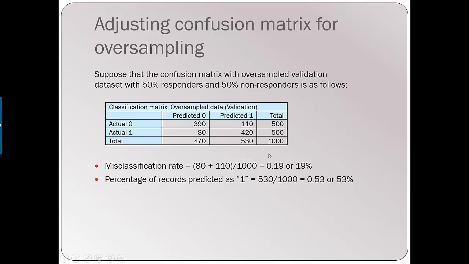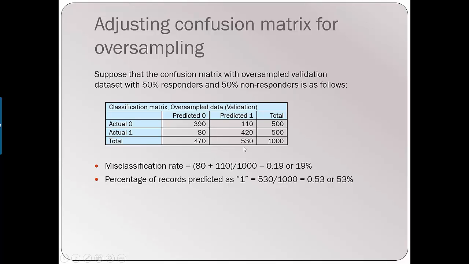So if this is the classification matrix that we developed using our 50% oversampled validation data set, then if you don't adjust for the fact that we have done oversampling, your misclassification rate will be 190 divided by 1000, so 19%.